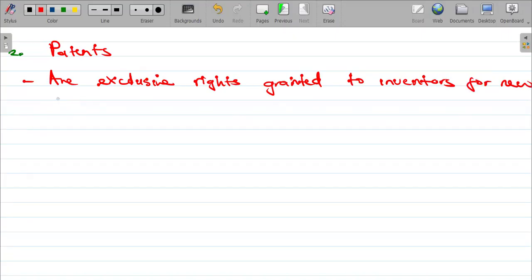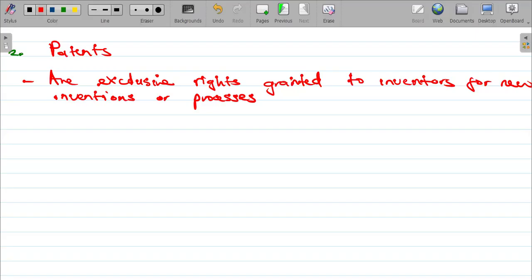For example, a pharmacist produces a new medicine, right?